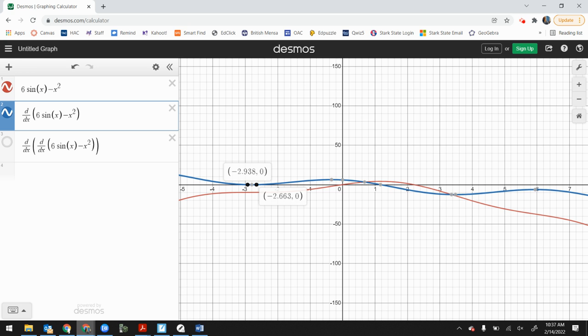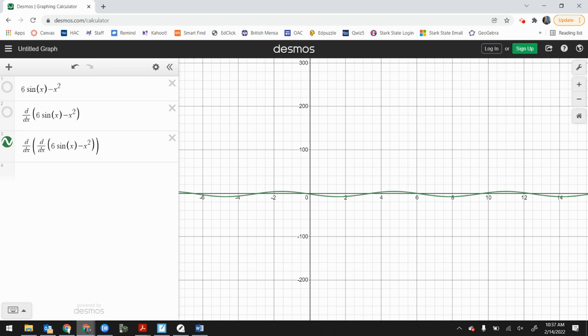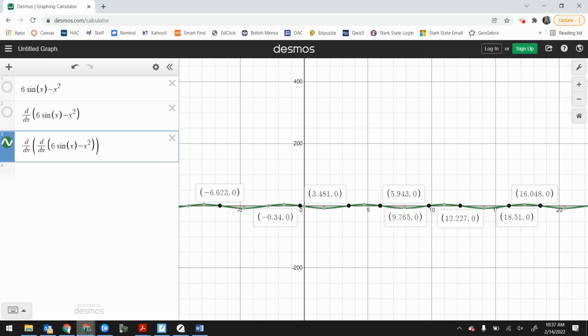Now, in terms of the inflection points, look at my inflection points that I'm going to have. Look at this. My inflection points are periodic. I'm going to have all those inflection points, right? So it must be something to do with the rotations of sine happening over and over and over again, okay?